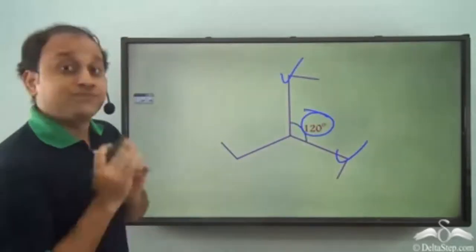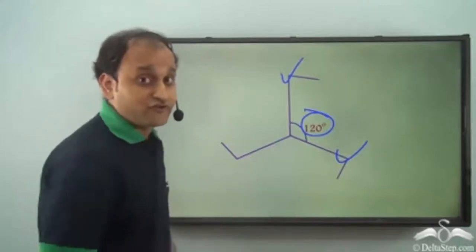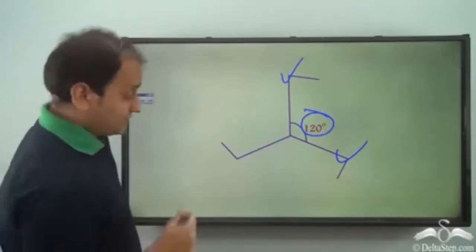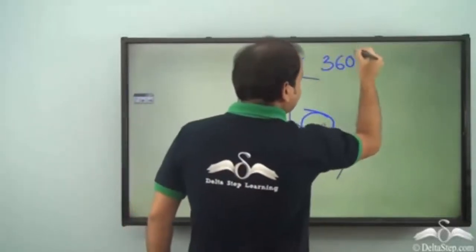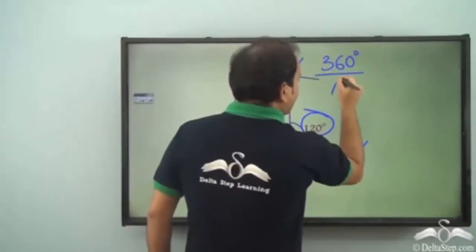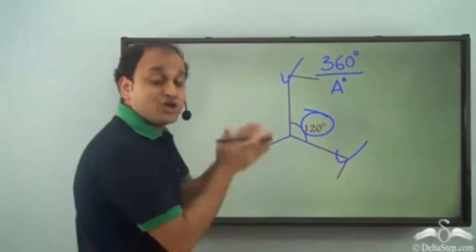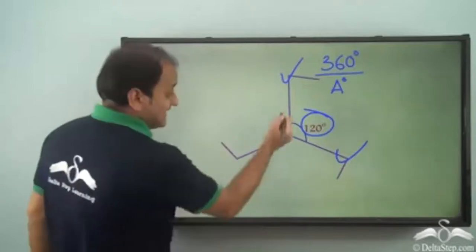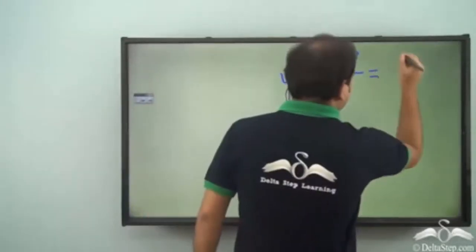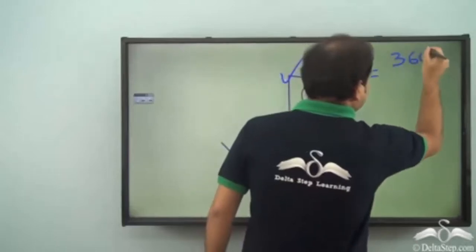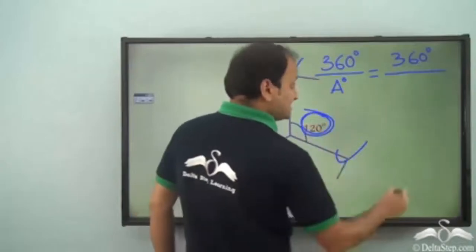It's 120 degrees. Now we know that in order to find the degree of rotational symmetry or order of rotational symmetry, we have a formula. The formula is 360 degrees by A degrees. What is A? A is the angle between two identical parts. In this case, we have 120 degrees. So we can write this as 360 degrees by 120 degrees.